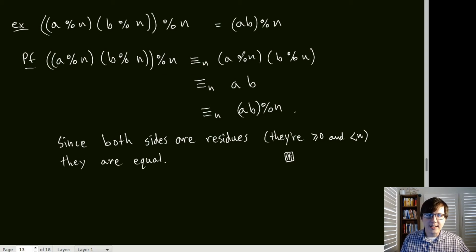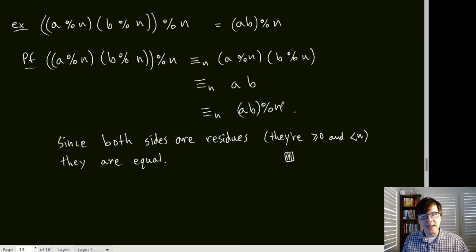And then similarly, a mod n is congruent to a mod n. So by using the multiplication law for congruence, we can replace this expression with just a times b to get something that's congruent.